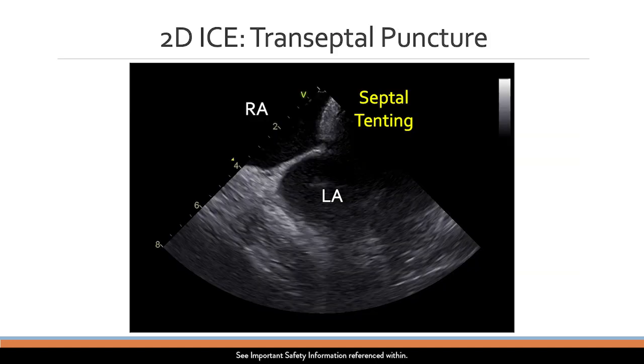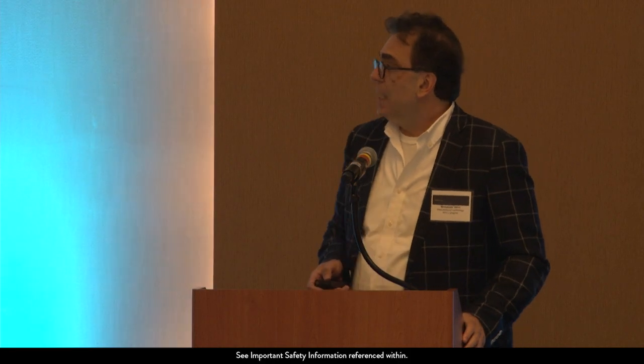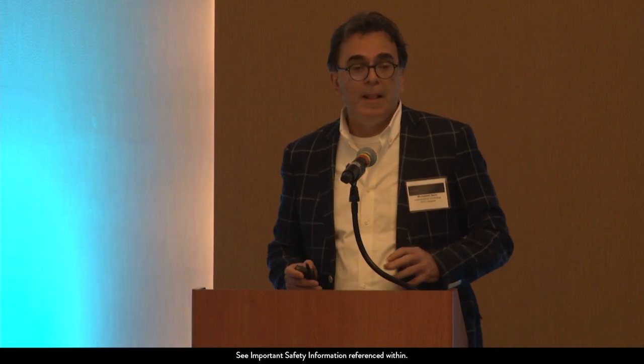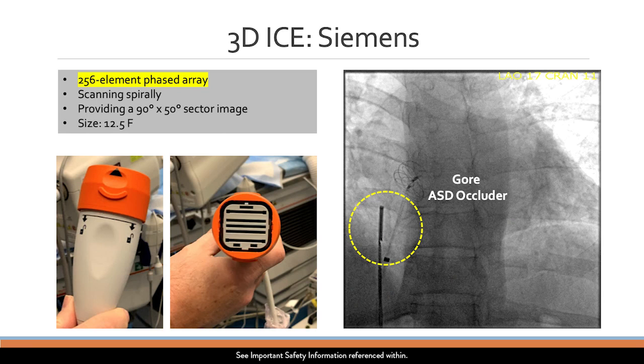You do this every day for transseptal puncture. The next level for ICE imaging would be 3D ICE from Siemens that Usman showed. This is a catheter with more pins, and this was doing ASD occlusion, but now you can see that it's much longer. As opposed to the other, which had 64 imaging elements, this has 4 times as many. This is 256 imaging elements, but it's not a phased array.